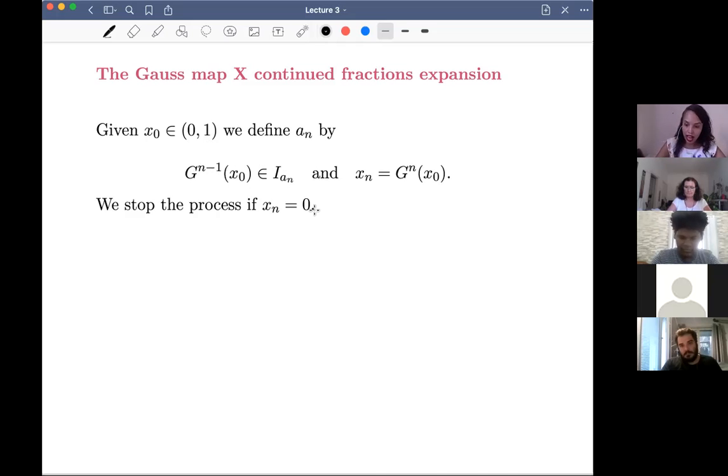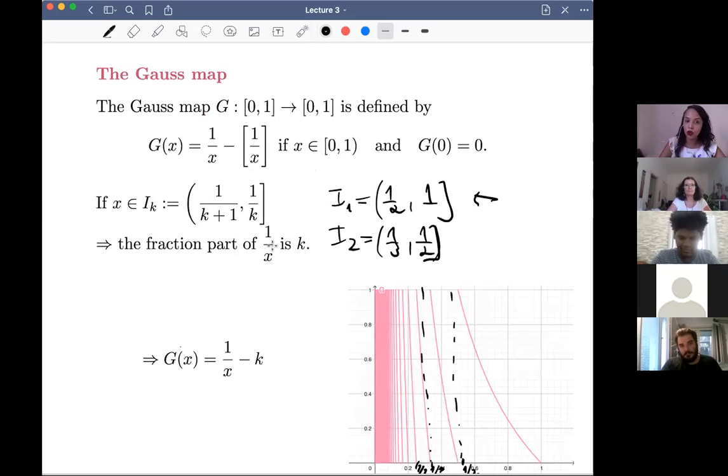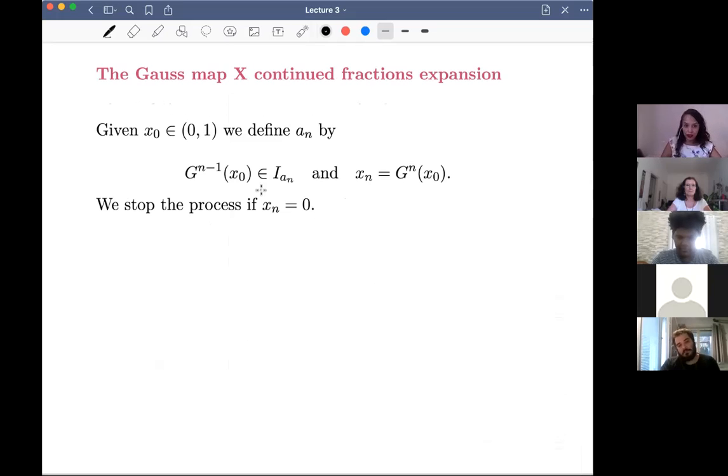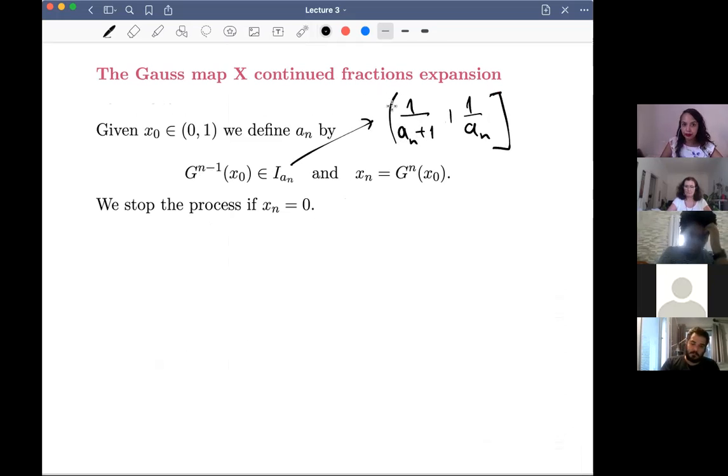These intervals I_{a_n} are the intervals that I wrote here, I_k is the interval from 1 over k+1 to 1 over k. So it means that G^(n-1) of x0 belongs to the interval from 1 over a_n+1 to 1 over a_n, okay?